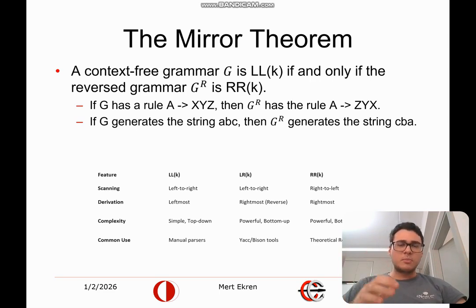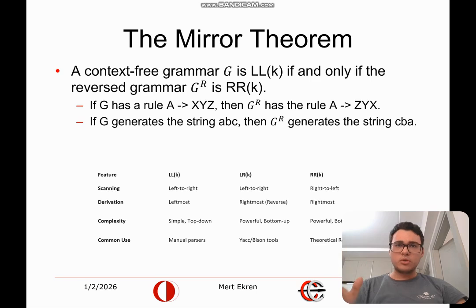Because this decision-making logic is identical, just reformed in a different direction, if you reverse every string in an LL parser, you get a valid RR derivation. The prediction steps of LL become the reduction steps of RR.